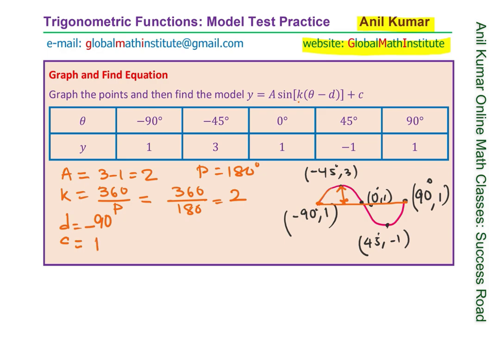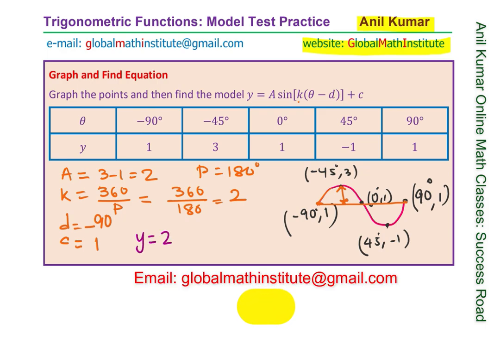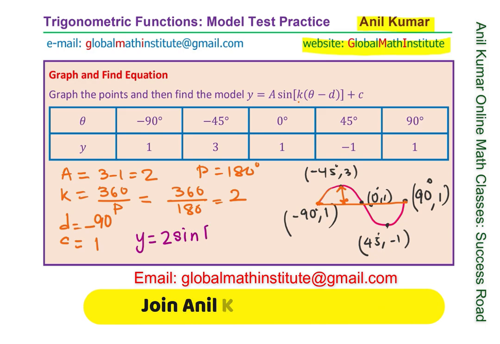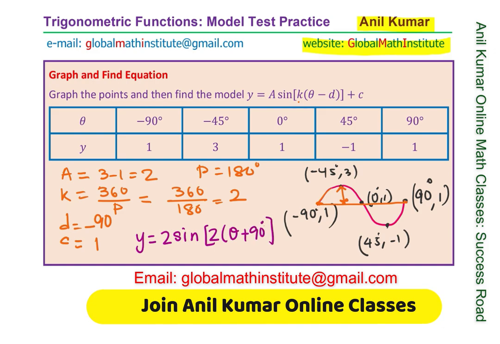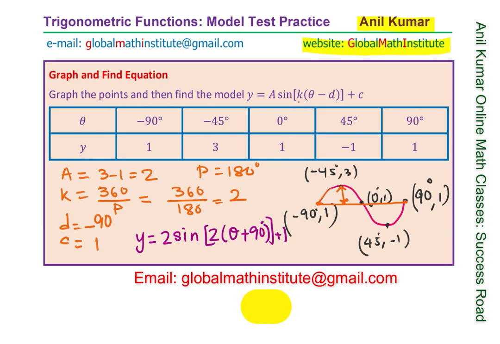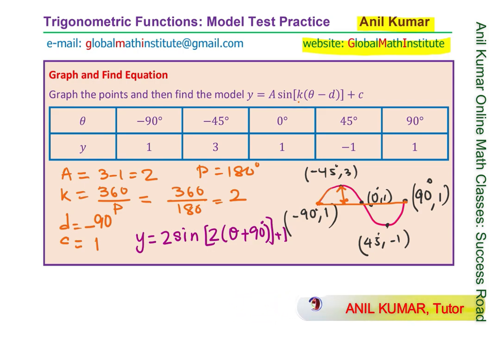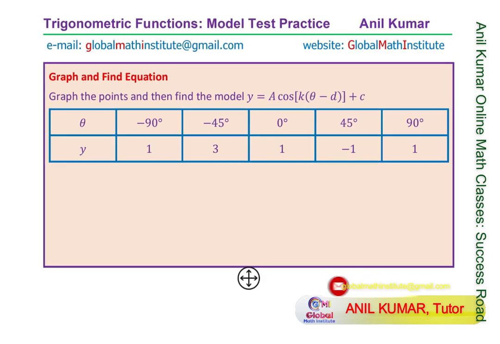So I can write down the equation as y equals 2 sin(2(theta plus 90 degrees)) plus 1. Do you see that? That is how I can write down the equation for the sine wave. Makes sense? Perfect.